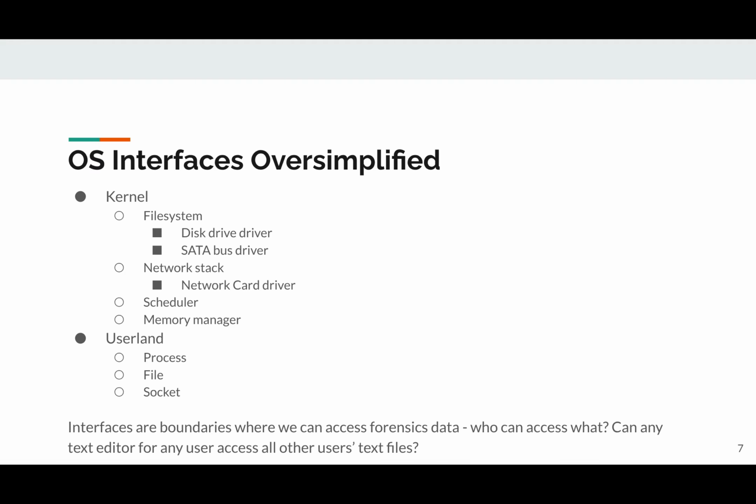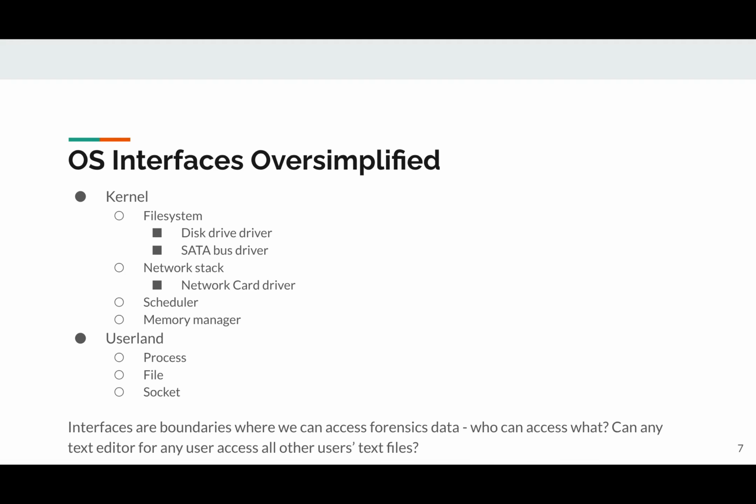Let's talk a bit about how the operating system is structured and what interfaces it gives to us. This is an extremely oversimplified picture, and I'm sorry for the crimes I'm going to commit here just presenting it like that, but we have to start at some level of abstraction before we dive deeper in. So we kind of know that an operating system comprises the kernel and the set of user space programs that come with it.